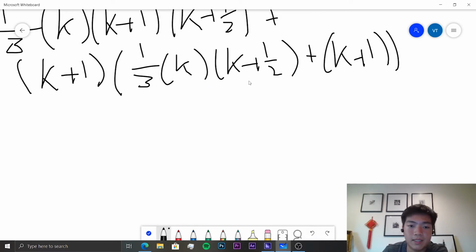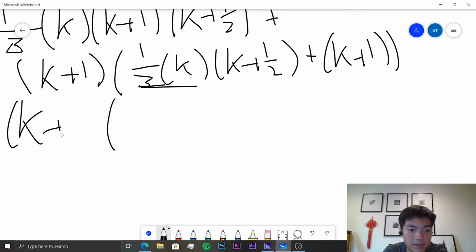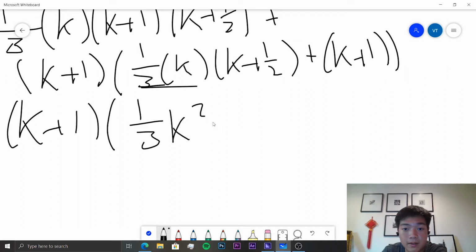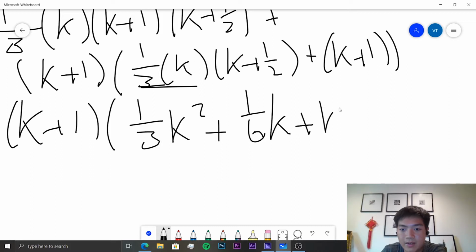Well, what do we do from here? Let's expand this. So we have obviously k plus 1 still on this side, times 1/3 k squared plus 1/6 k plus k plus 1.